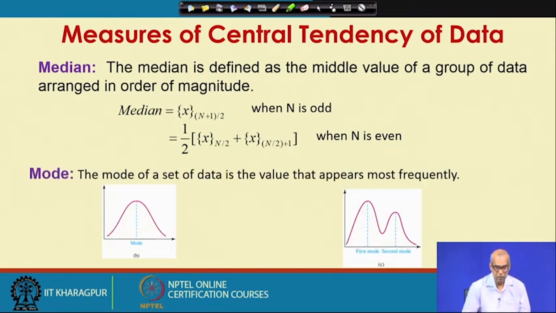Mode: the mode of a set of data is the value that appears most frequently.